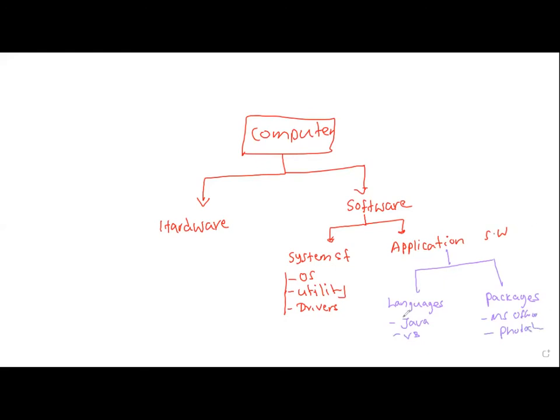Then you can see why we use languages. Languages are used to develop the systems. We use system development languages. Using languages, we develop a system.